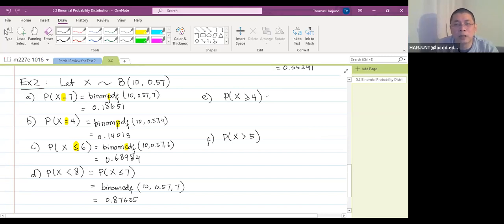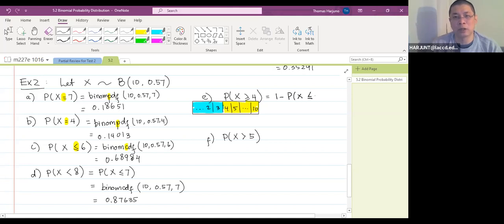Okay, now part E. Probability number of successes is at least 4. Let me do the diagram first. At least 4, so starting from 4 on up to 10. That's what we need. But the complement means it's up to 3. So that's 1 minus the probability that x is up to 3.